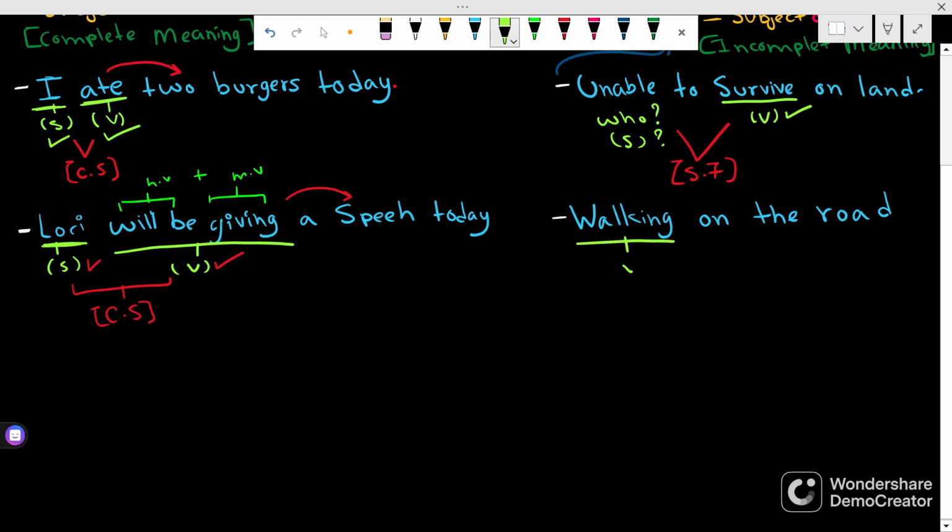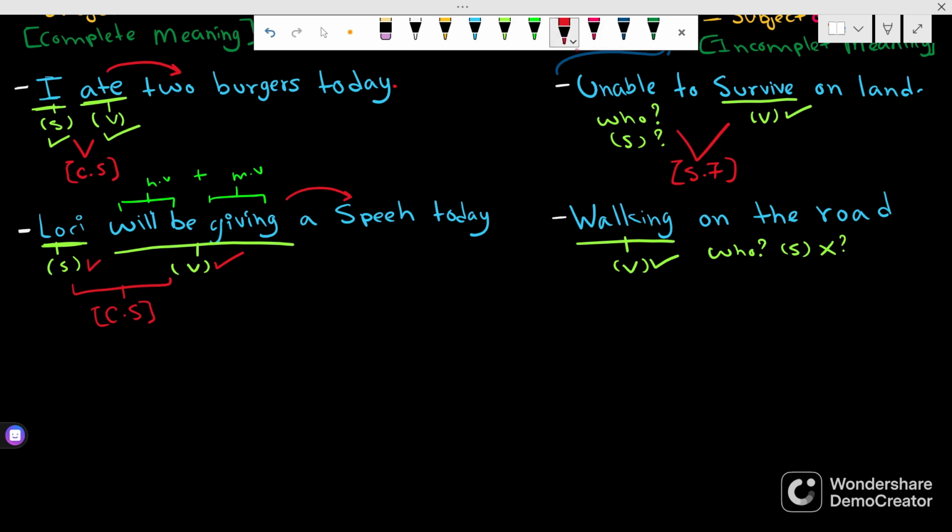So the verb is present. But who is walking on the road? We don't know. So the subject is absent. The subject is unknown. When we have the verb but the subject is missing, this is a sentence fragment because it does not express a complete meaning.